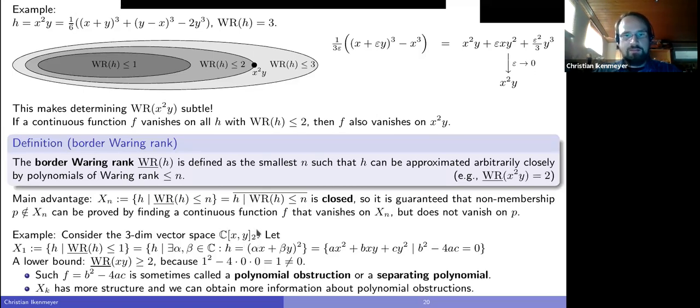Yeah, this is a bit subtle indeed. So this is a 3-dimensional vector space. It has 3 basis vectors, and you can call them whatever you like. You can, for example, call them x squared, xy, y squared, and now every element here can be written in some unique way in this fashion.